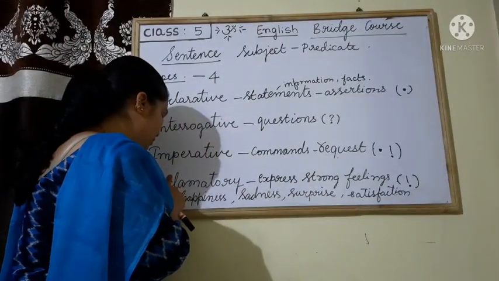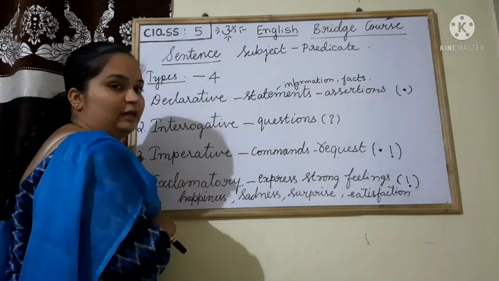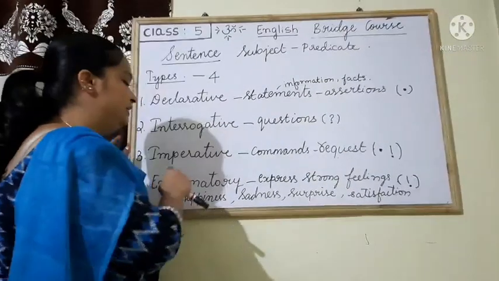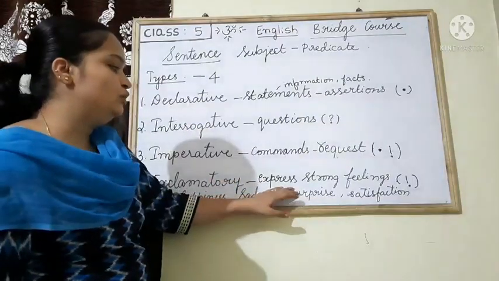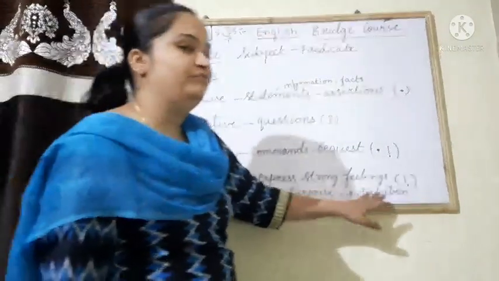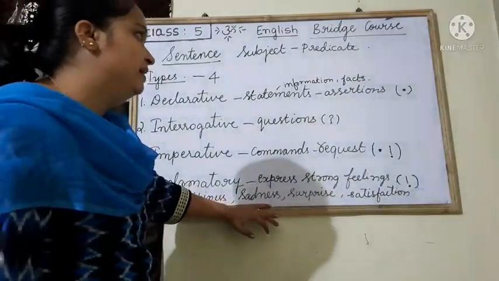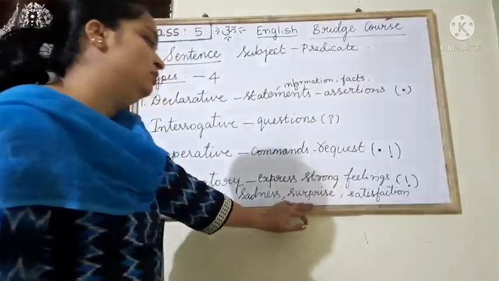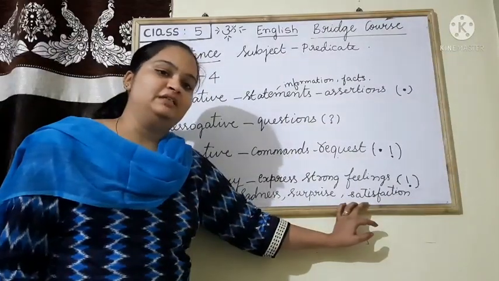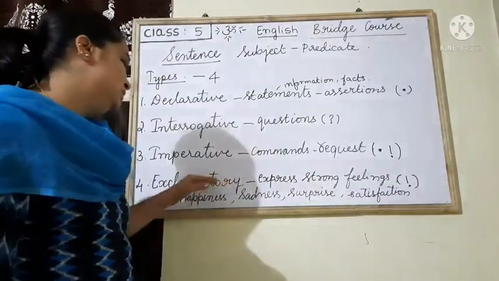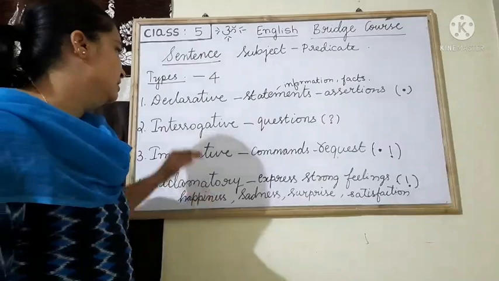And the fourth type of sentence is the exclamatory sentence, which is used to express our strong feelings, like when we are happy, or when we are sad, if we are surprised, or if we have satisfaction, then we use exclamatory sentences.